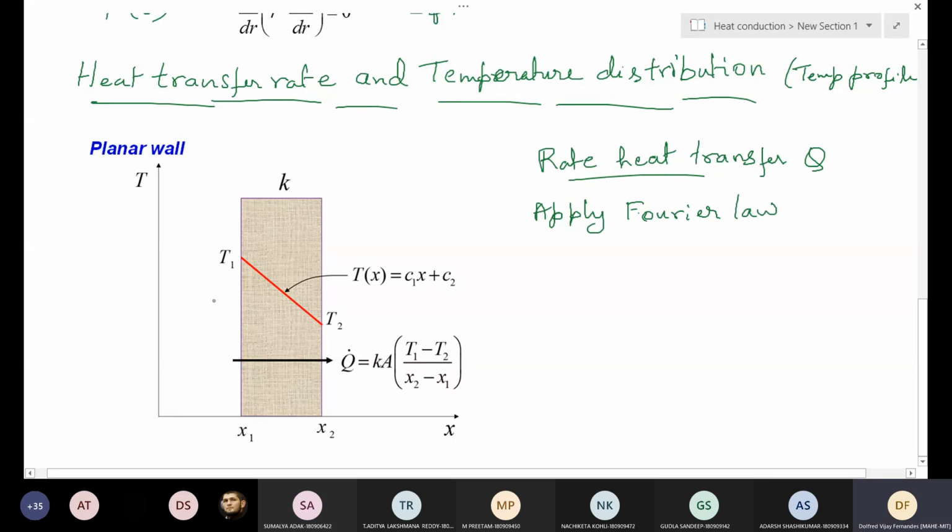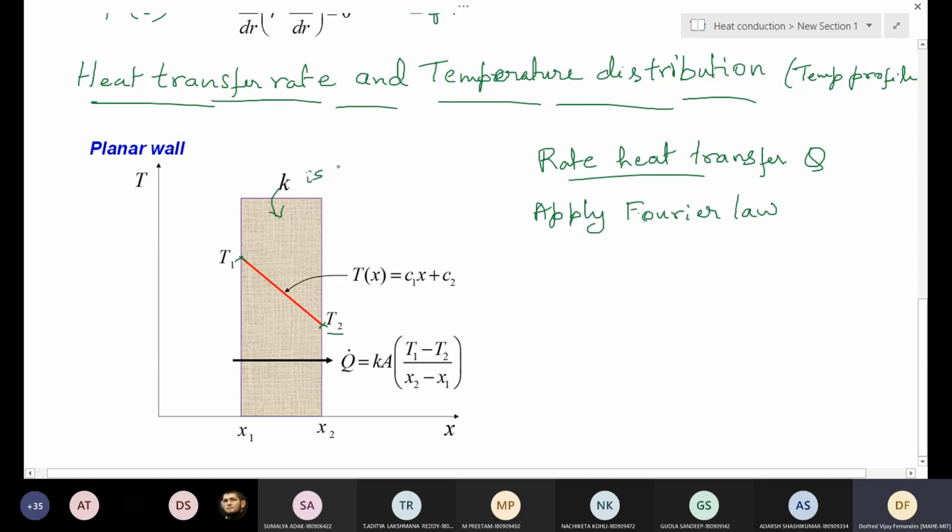So we have a planar wall, where its temperature on one side is T1 and temperature on the other side is T2. The material of the wall is assumed to be homogeneous isotropic. So K doesn't change in the direction, and also it is independent of the position and also temperature.